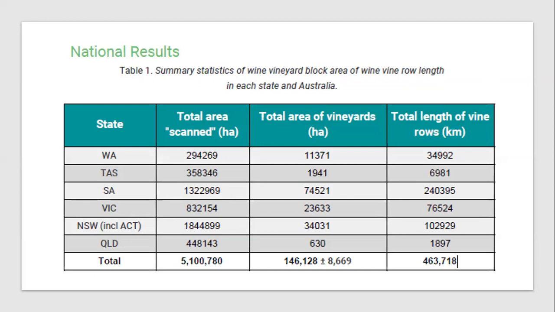If you go to our website and look under grape and wine production, you'll find the National Vineyard Scan there, and you'll find these reports. So it's 5 million hectares scanned, which is pretty good, and something like 3% of that area turned out to be vineyards. Yeah, I think that's cleared it up. Thanks, Peter. If you do have any follow-up questions to that, send them through.